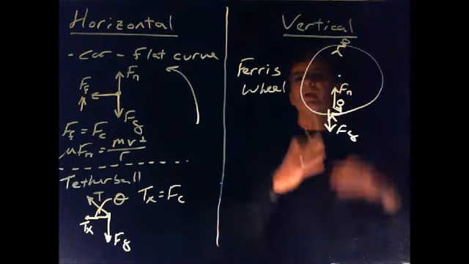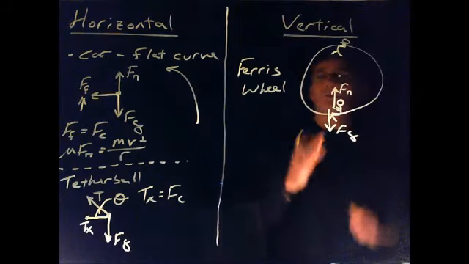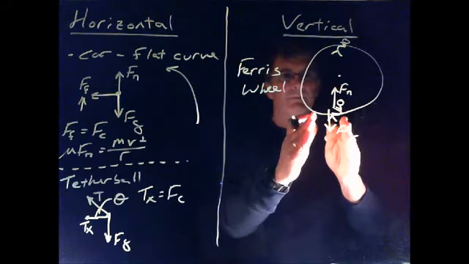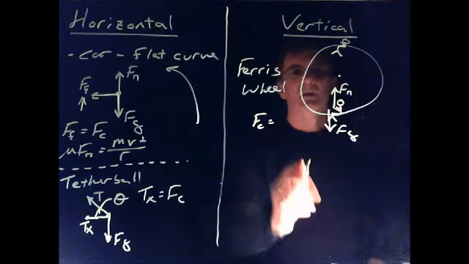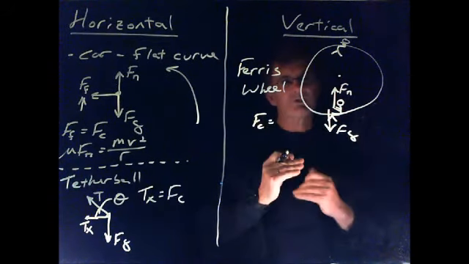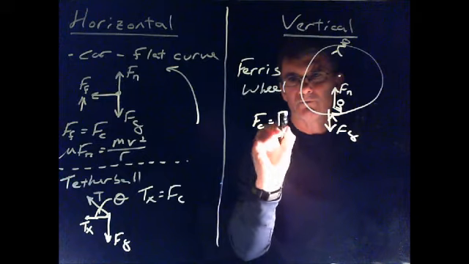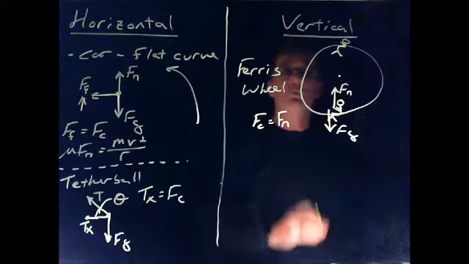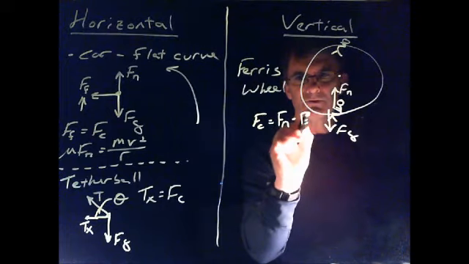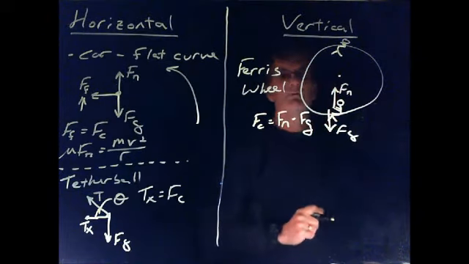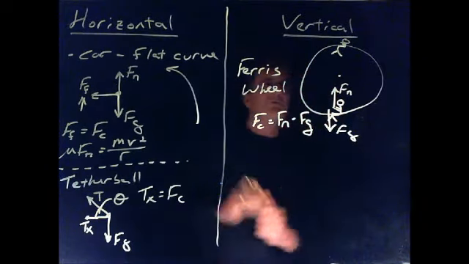So here we have multiple forces along the radial. At the bottom, our overall centripetal force is the sum of the normal force and the gravitational force. Normal force is positive since it's pointing towards the center of the circle. Gravitational force is negative since it's pointing away from our turning point.